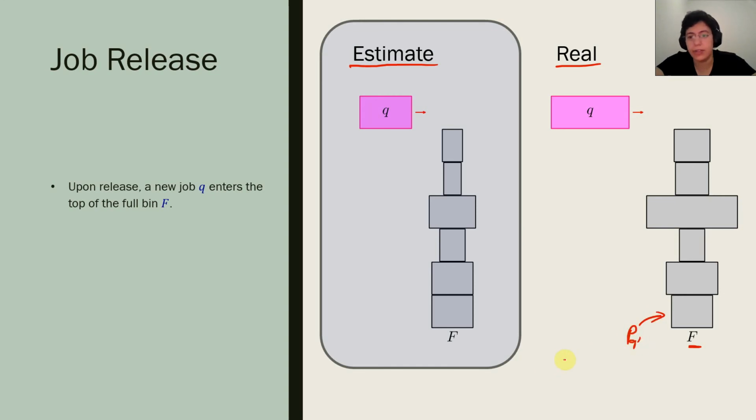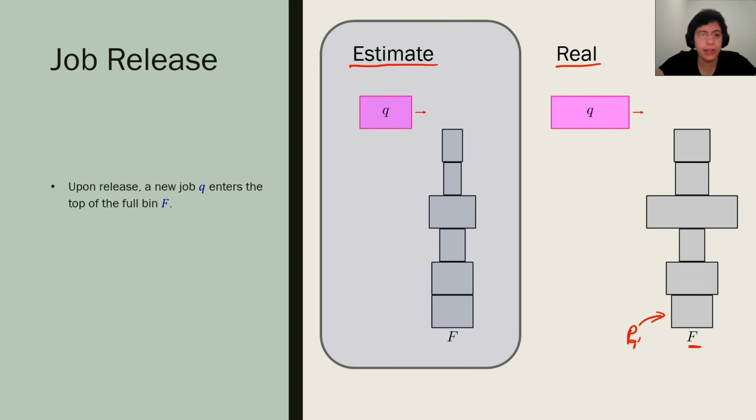So this is the real initial processing time of the job. And on the left, you have the estimated processing times. The left is the only thing that the algorithm is aware of. It doesn't know the real processing times. It only knows the estimates.